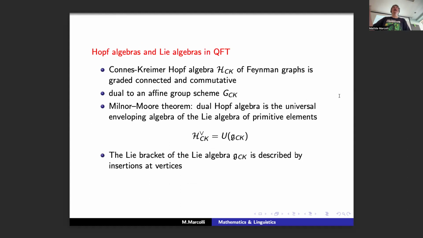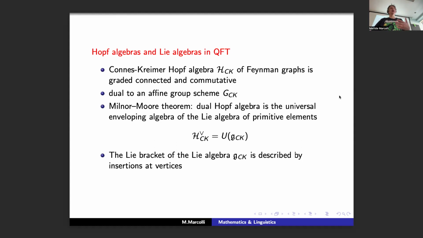Another thing that we have seen, that also has a corresponding role in the quantum field theory picture, is this dual Hopf algebra and the Lie algebra that's dual to the commutative connected Hopf algebra. This also exists in this quantum field theory setting for the Hopf algebra of Feynman graphs.